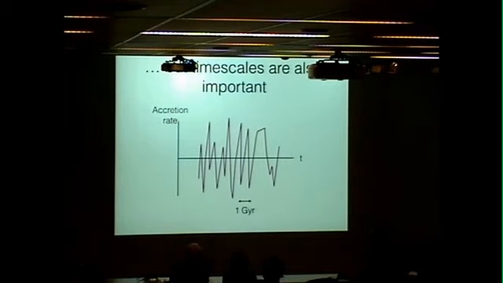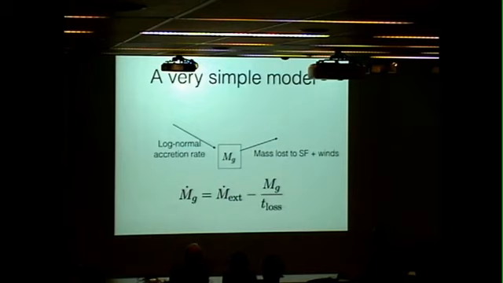So to incorporate both of these effects, we produced a very simple model. This is a standard bathtub model. So here's my galaxy. It has a gas mass, and we feed it with a log normal accretion rate, and the galaxy produces stars and winds at some rate proportional to its current gas mass.